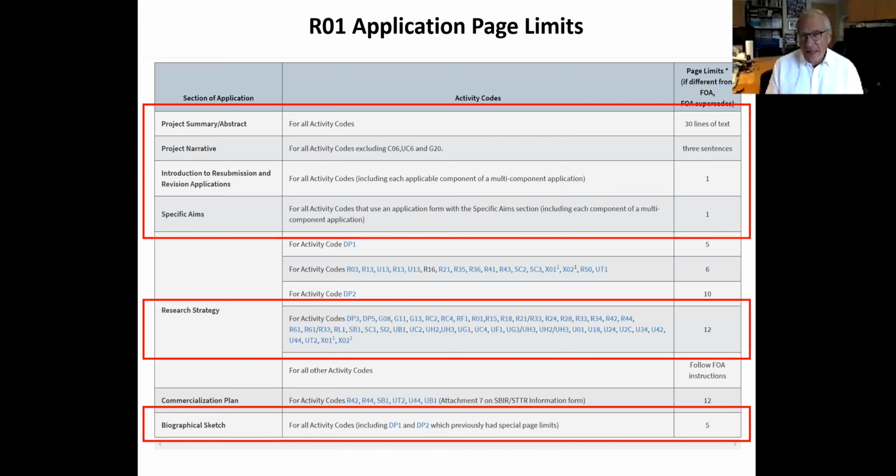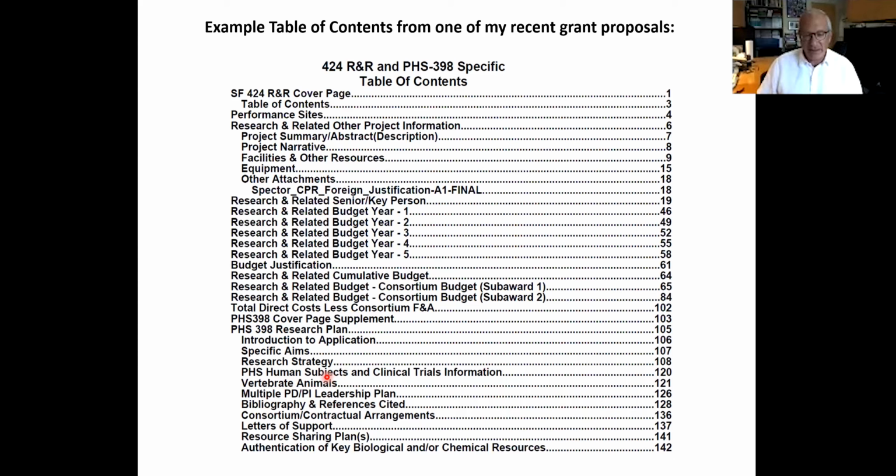I just want to point out, this is a sample table of contents from one of my own recent R01 grant proposals. And I just want to show you that there's other parts of the R01 that we're not going to be discussing, like facilities and other resources, equipment, vertebrate animals, if you're using human subjects, that kind of information.